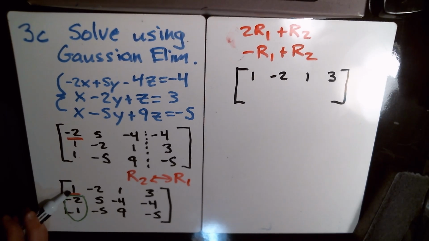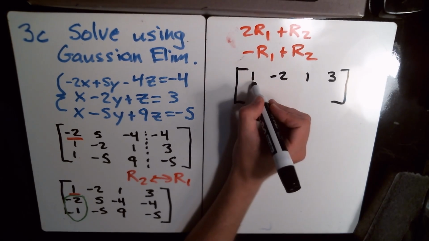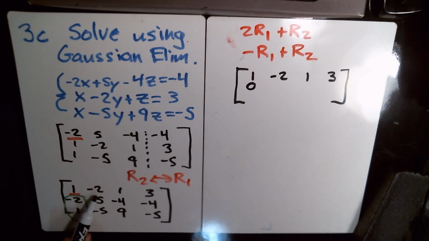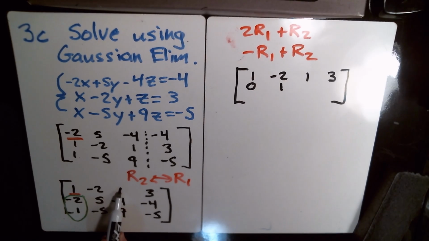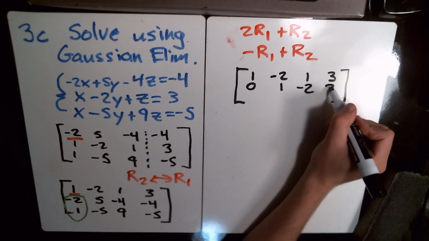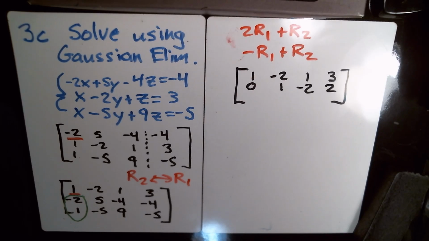So 2 times 1 is 2, plus -2 is 0. 2 times -2 is -4, plus 5 is 1. 2 times 1 is 2, plus -4 is -2. 2 times 3 is 6, plus -4 is 2.